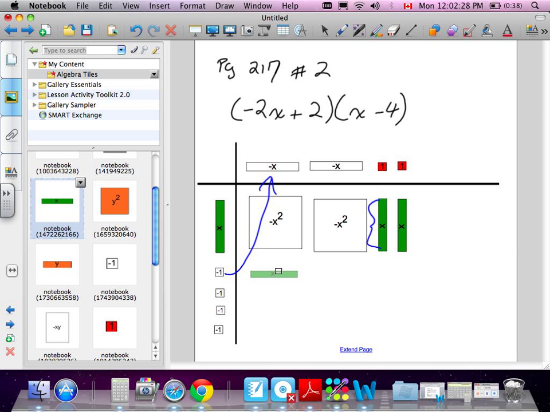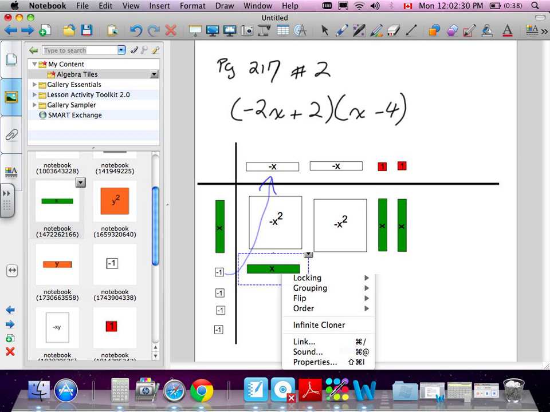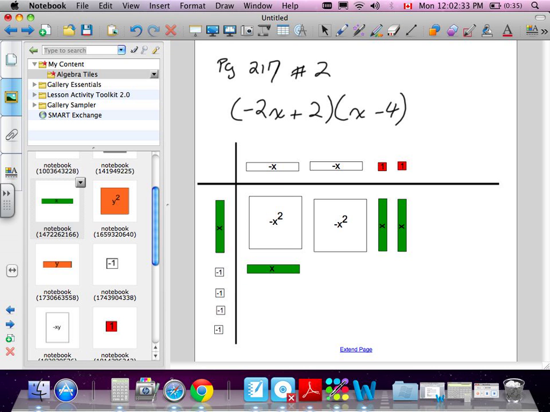It's going to give us positive x. We have a negative times a negative, okay? Same thing happens again. Positive x again. Negative 1 times positive 1 is going to give us negative 1. So we're filling out our slots.